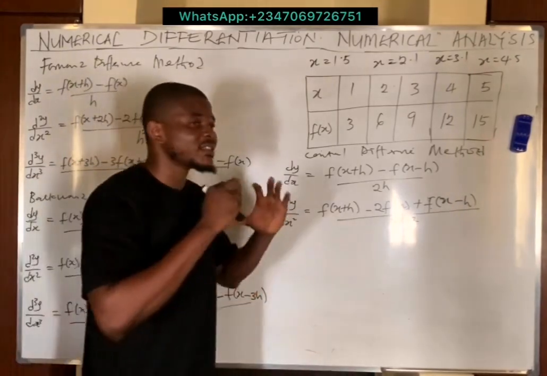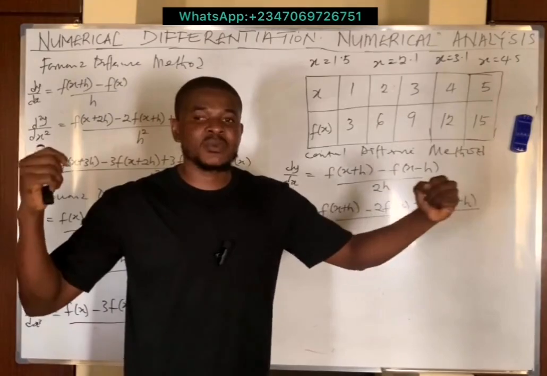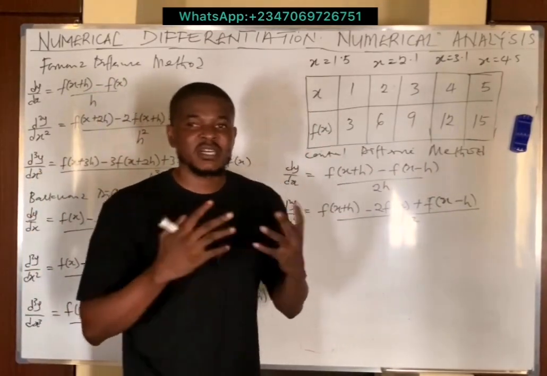So like I said, the central difference method actually pulls a value from the backward difference table and from the forward difference table and combines them to form its what? Derivative.